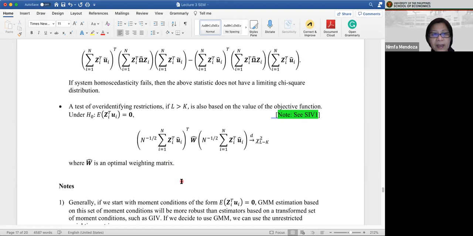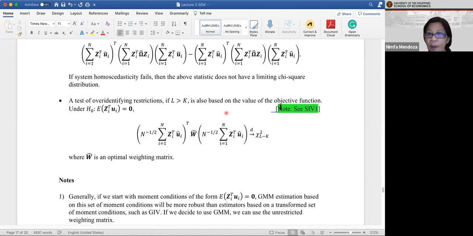Now you can also look at the test for over identifying restrictions. You have over identifying restrictions if the system is over identified, L is greater than K. That is, the number of instruments is greater than the number of parameters you are estimating. Again, this is also based on the value of the objective function, not the difference anymore.